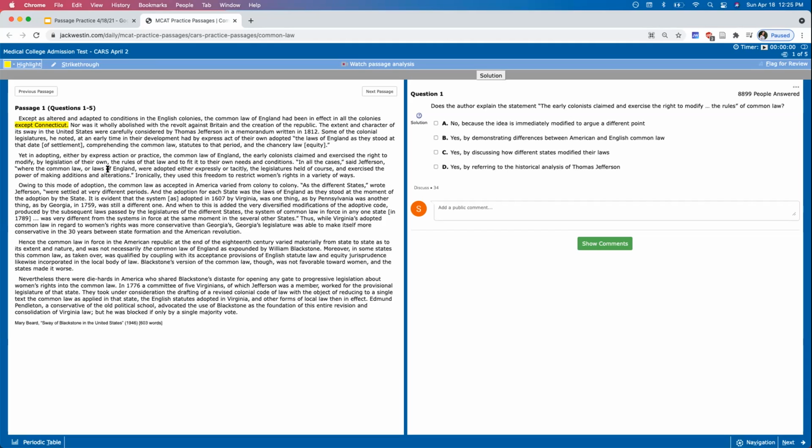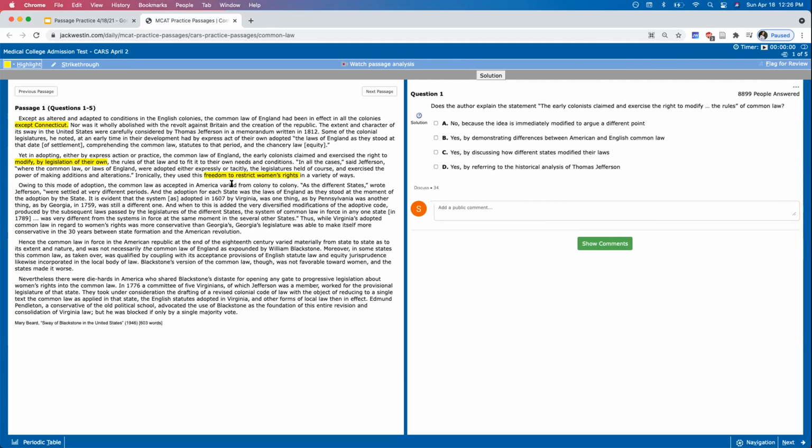And then the colonists claimed that right to modify that legislation. So they modified the common law of England, and it was used, ironically, to restrict women's rights. So that's what they're doing by modifying the legislation and the common law.